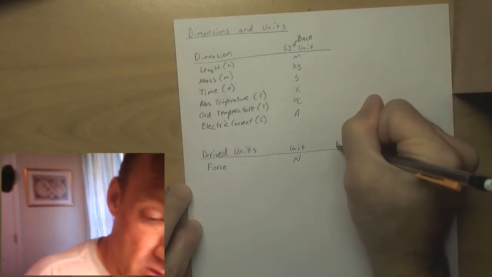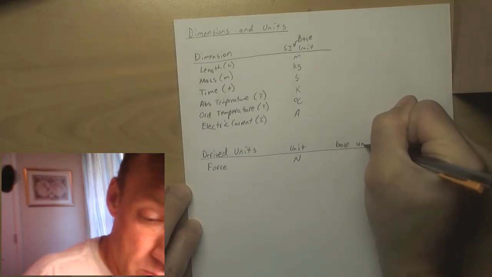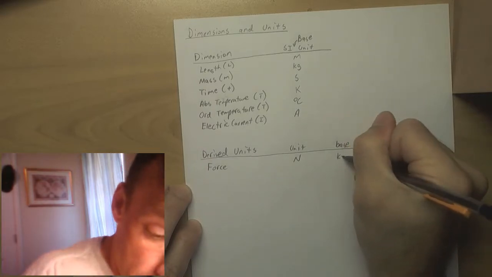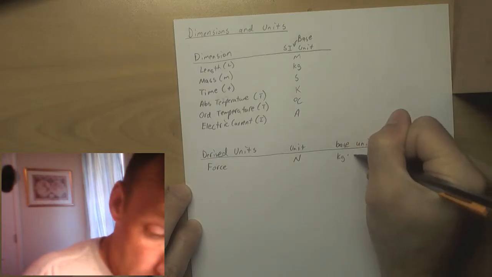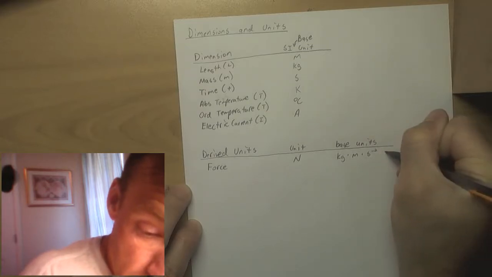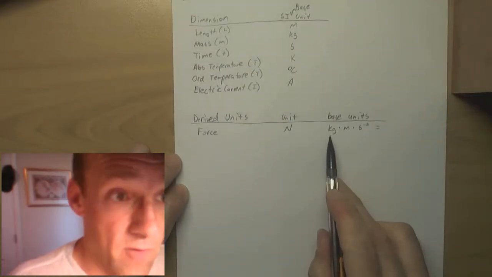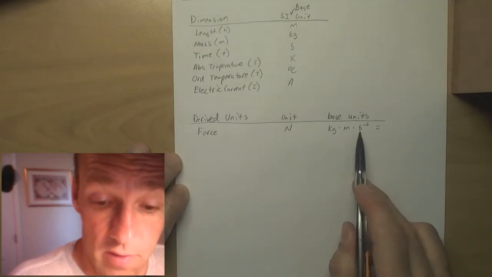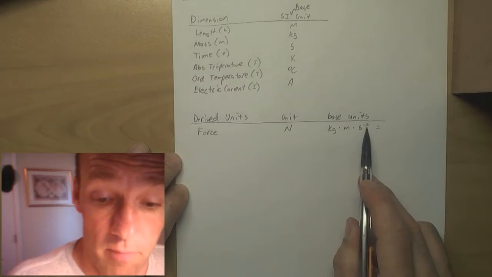And then in base units, that would be a unit of mass times unit of length divided by units of time squared.